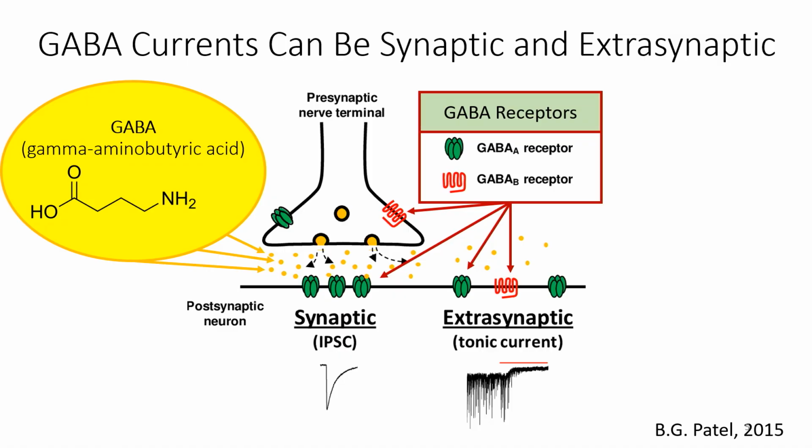And you can see an example of a tonic current down below that's probably mediated by a GABA-A receptor, whereby if you look at that red bar, that's when you administer a blocker of GABA-A receptors. And when you administer that, there's a shift in the baseline, revealing that there was a tonic current present.